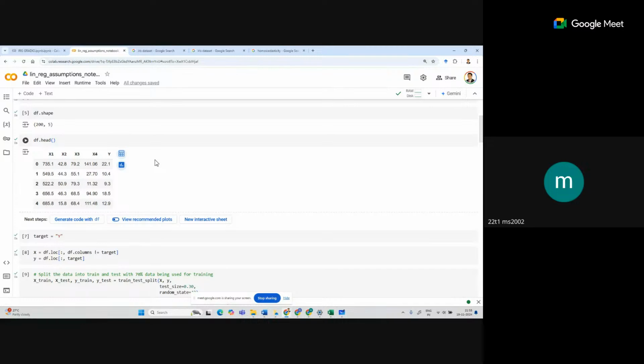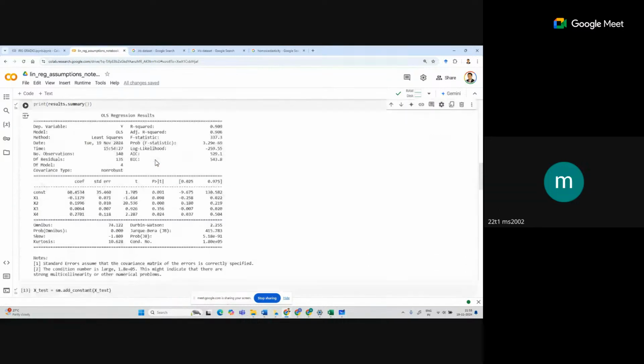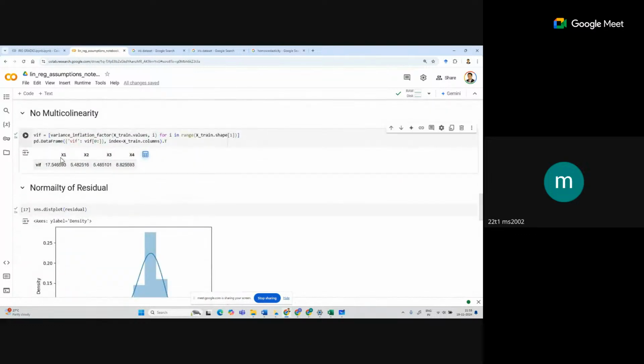If they are high, then you can say that they are correlated, and you also have the variance inflation factor. For X1, X2, X3, X4, there is definitely multicollinearity in this data because X1 has more than 10. So you cannot simply remove X1. Just because X1 has a VIF of 17.54, don't simply remove X1.